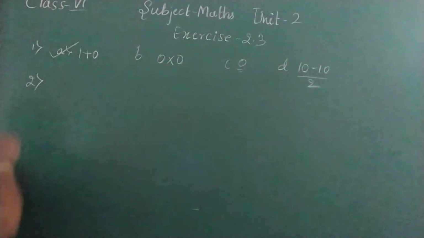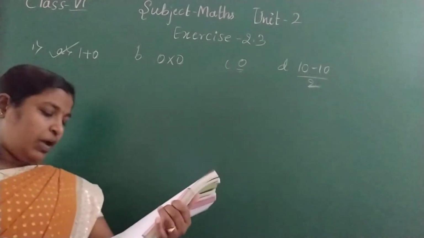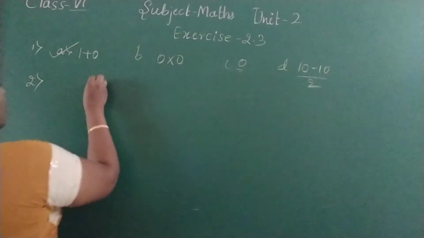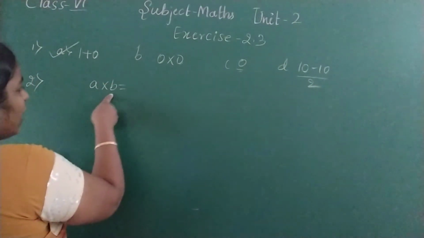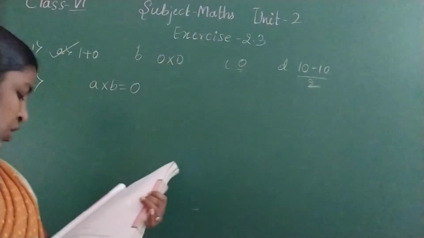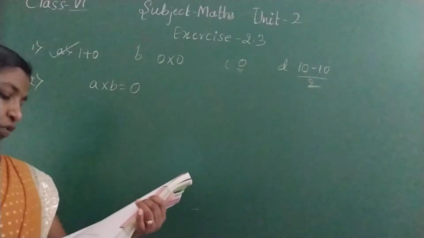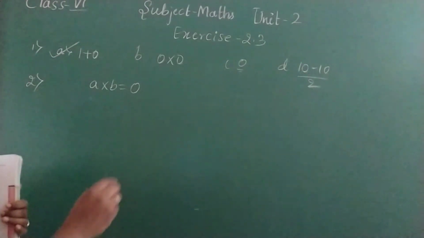Second one. If the product of two whole numbers A and B is 0, can we say that one or both of them will be 0? Justify through an example.